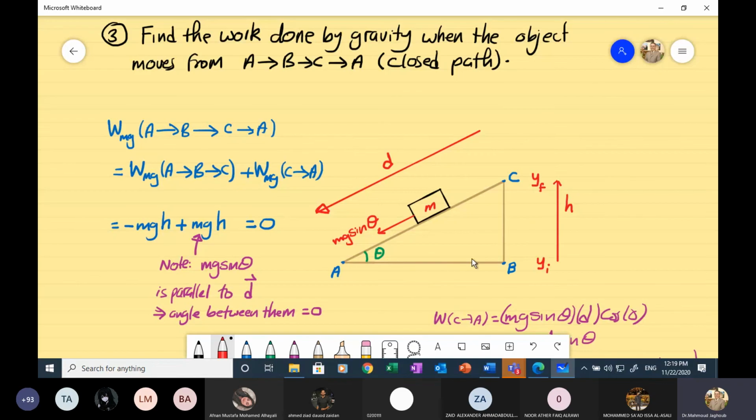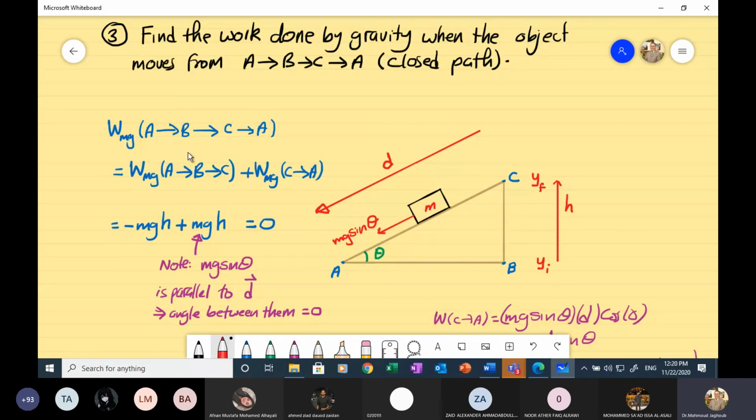Now, according to the second property, this work must be equal to what? To 0, if the force of gravity is a conservative force, which it is.